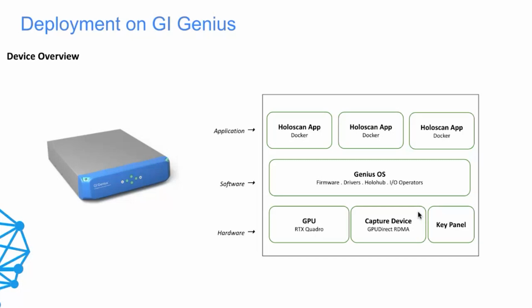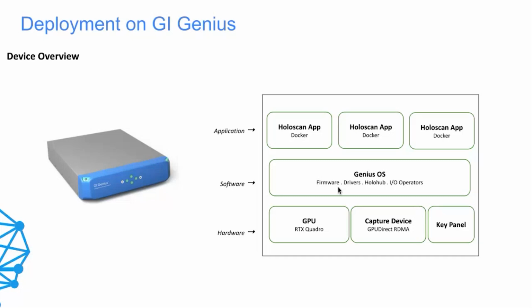It supports GPUDirect RDMA technology that allows the Holoscan operators to directly get the data from the capture device into the GPU memory. This is critical because for any low latency application, it is not possible without such direct memory access.